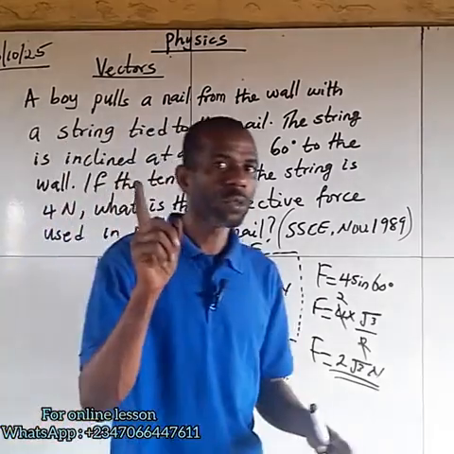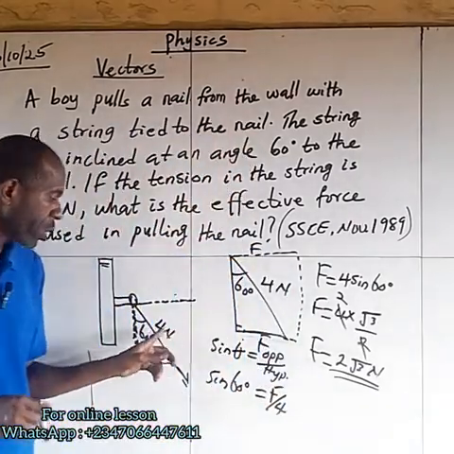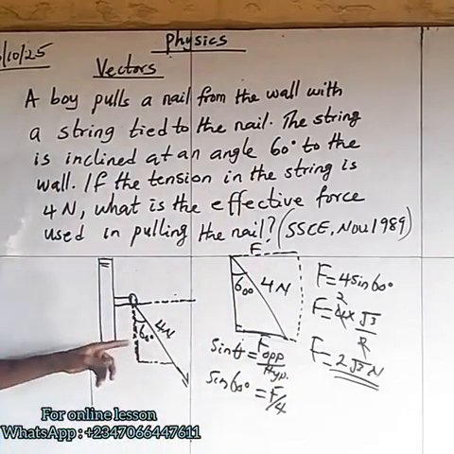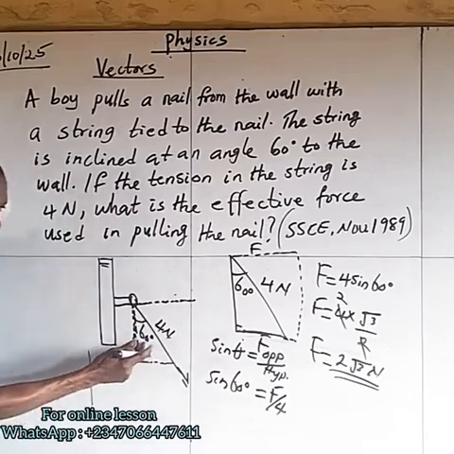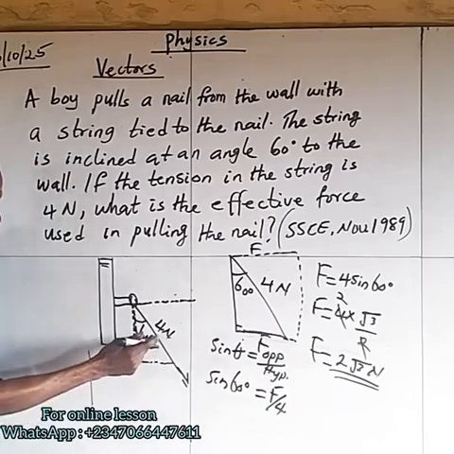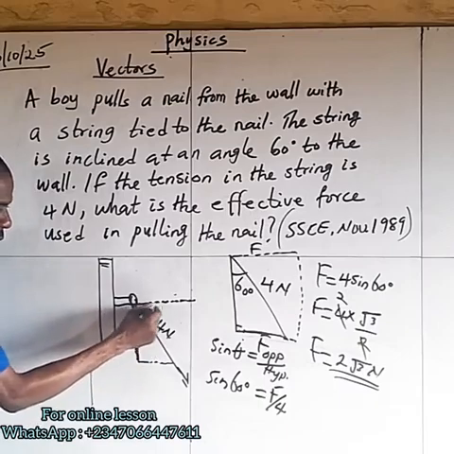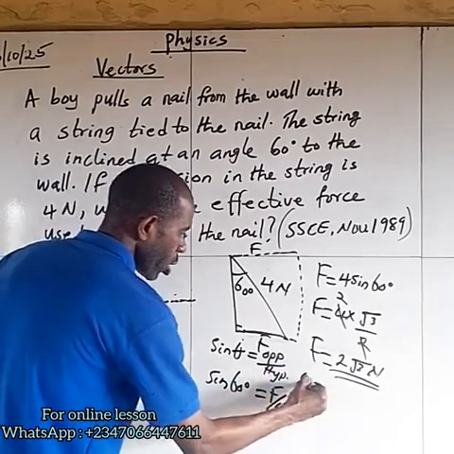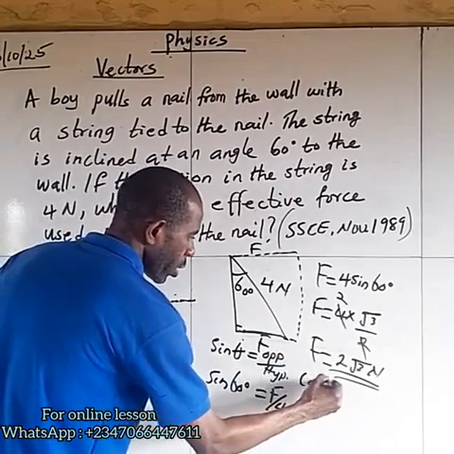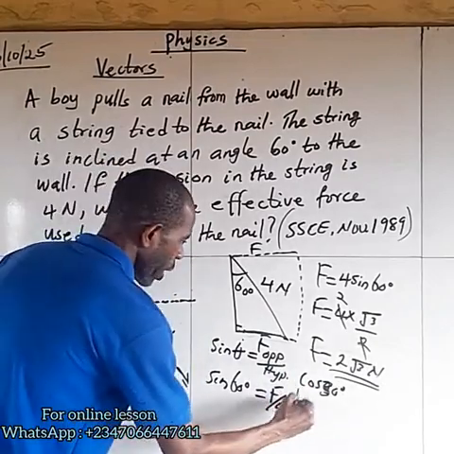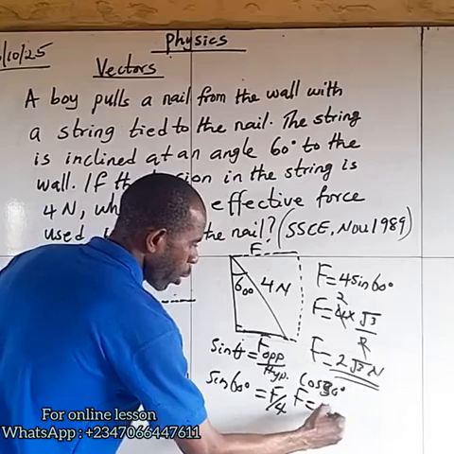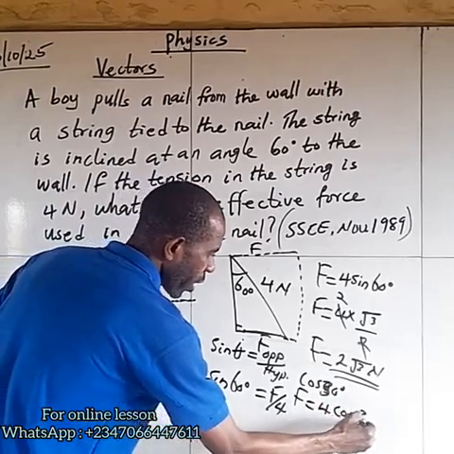Let me tell you, do not use cos 60, because the angle here is either you use sine 60, or you subtract this from 90. Subtract this from 90, you have 30. Then if you use cos 30 degrees, it will work. So you can say F is also equal to 4 cos 30 degrees.